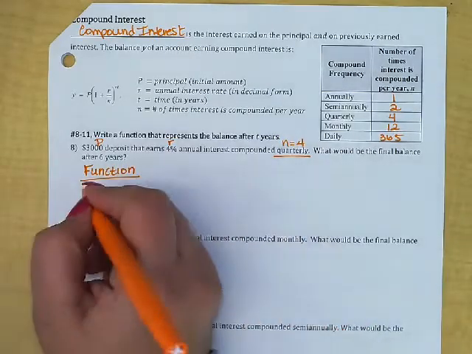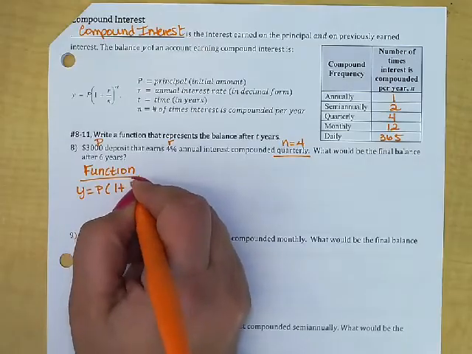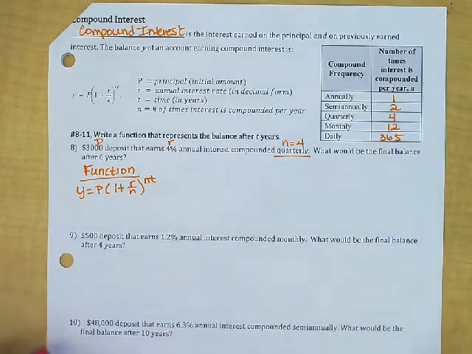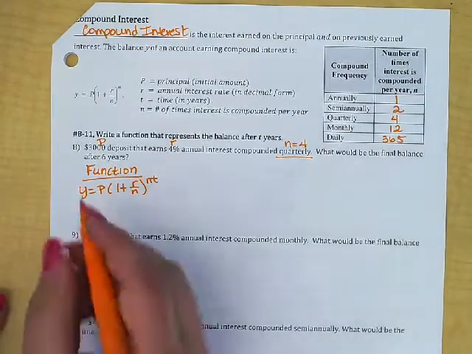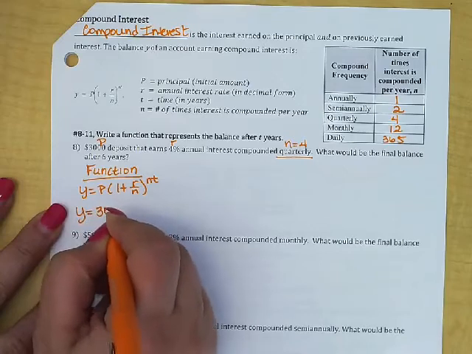So for the function itself, we're going to go into this template. You have it above, but just so you know where all of these values are coming from, right there. So for our scenario here, Y equals, our principal would be $3,000.